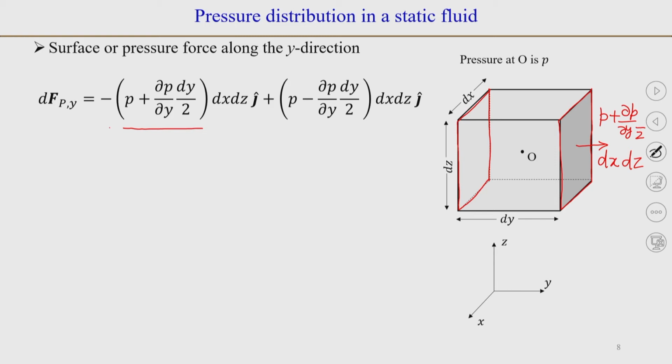So, the area is outward normal, but the pressure will act in the negative direction. So, if we write pressure in terms of P into dA area vector, we will need to write dF is equal to minus P dA. So, if we write dF on a surface, it will be minus P d area vector.